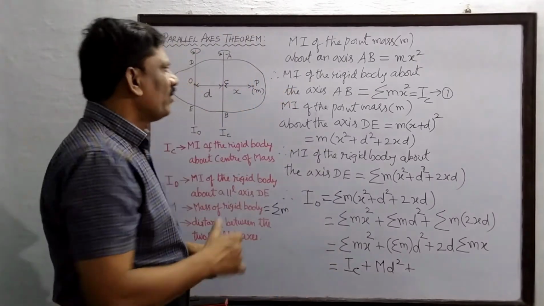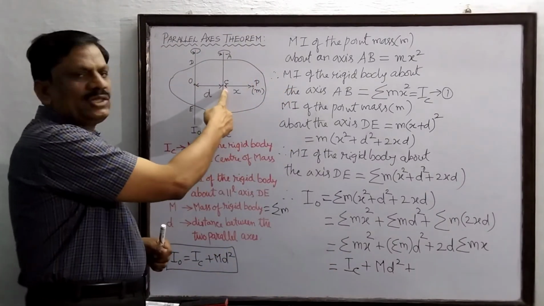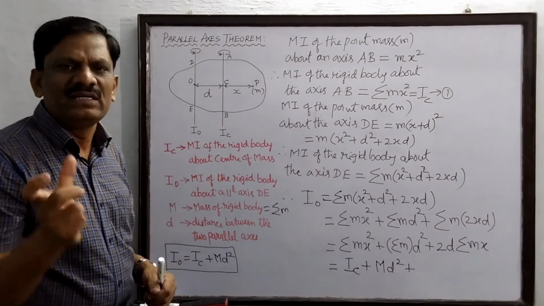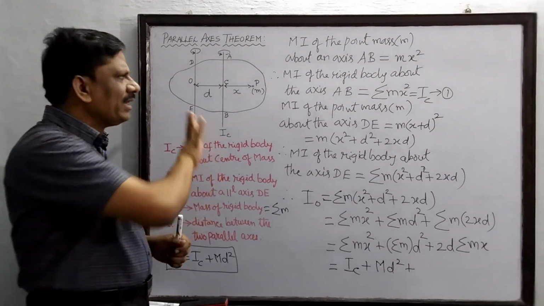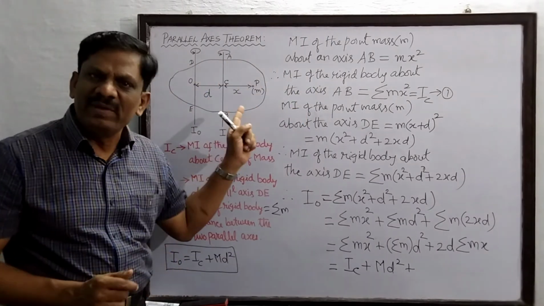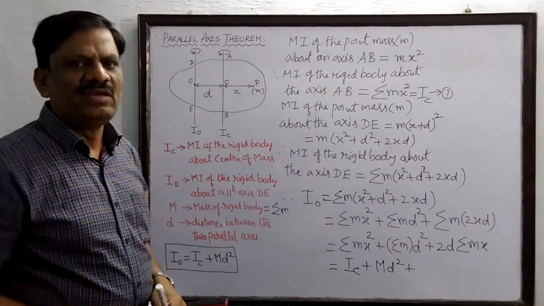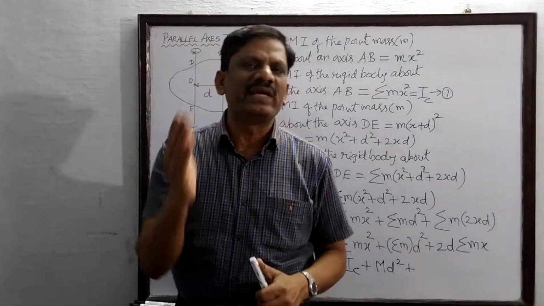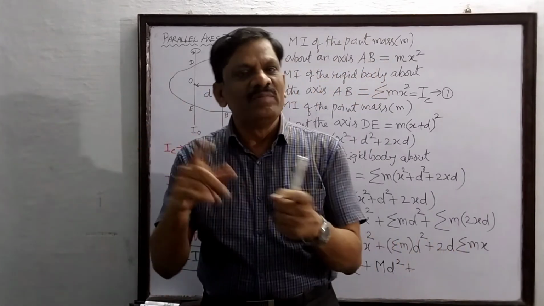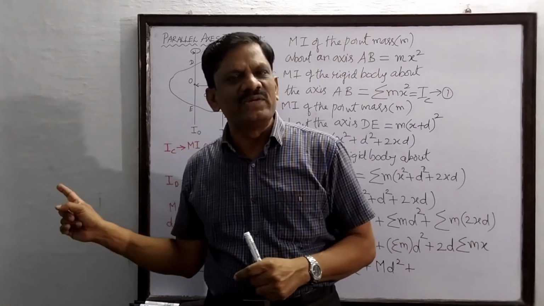Since we have considered the axis AB passing through the center of mass, if you take the product of m into x for all the particles on the right side of the axis AB, they will be positive. Similarly, if you take the product of m into x for all the particles on the left side of the axis AB, that will be negative because the x coordinate is negative.